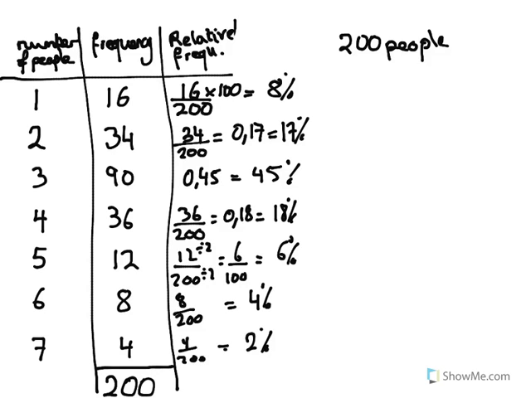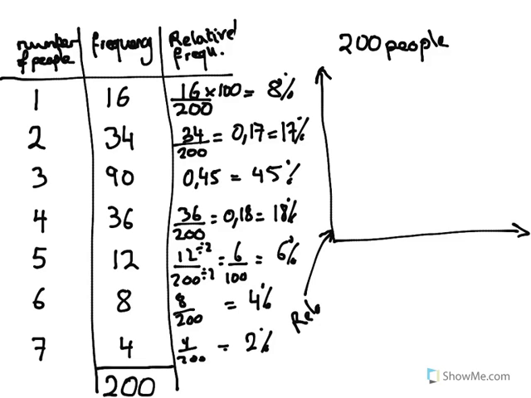So the relative frequency is when we just change these numbers, the actual frequency, divide by the total number of people we asked and turn it into percentage. And then instead of plotting the number of people in the household, we can actually plot on the y-axis the relative frequency in percentage.